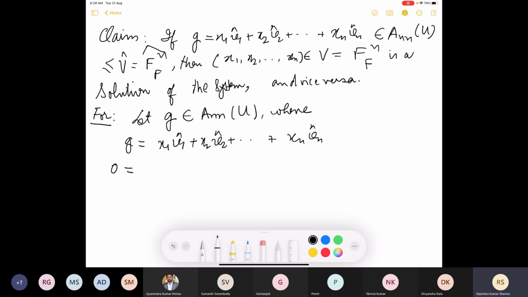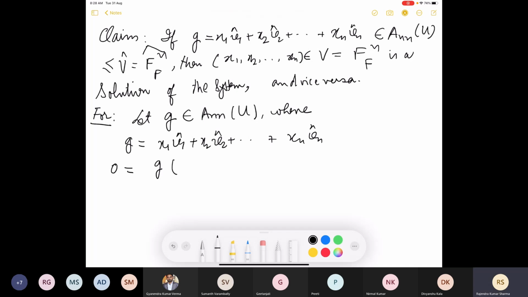Now, what is 0? G, when you apply it on each element from U, will annihilate every basis vector also.